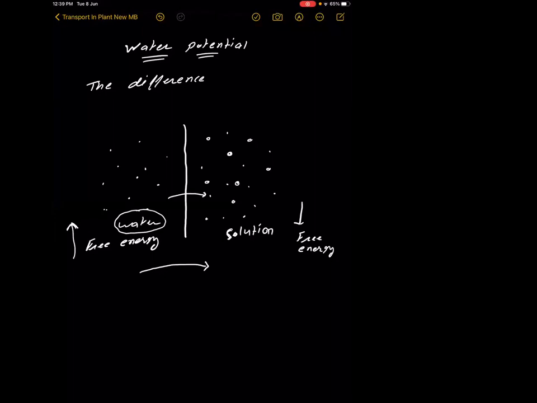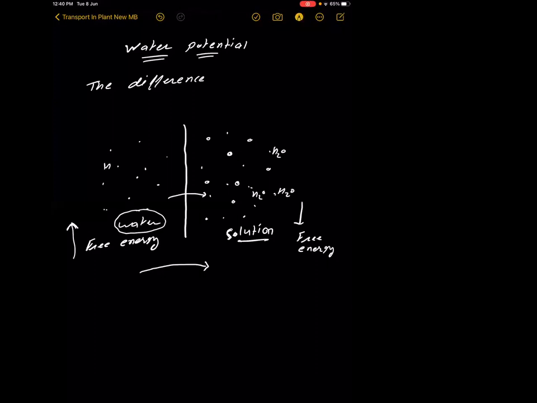You are adding some solute materials in the water. So it becomes solution. In the solution, these water molecules have less free energy than the water molecules present in pure water. These are also water molecules.